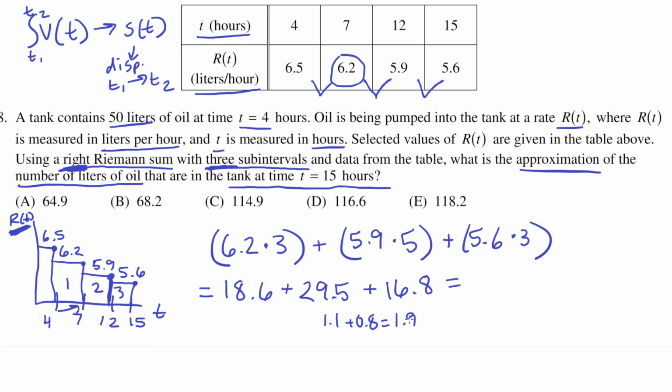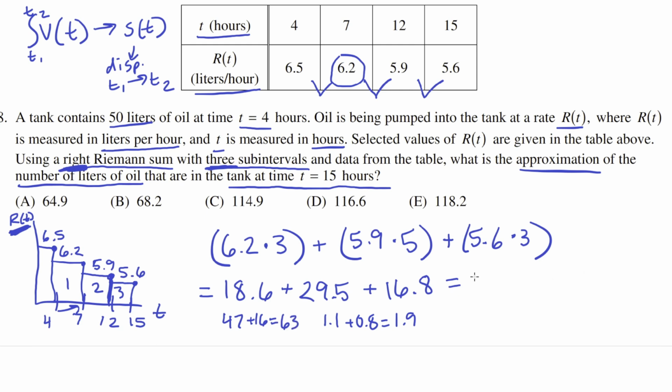So we'll have to add this decimal value at the end, and then 18 plus 29 is equal to 47, and then 47 plus 16 is equal to 63.